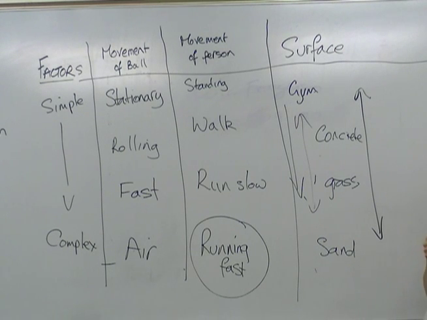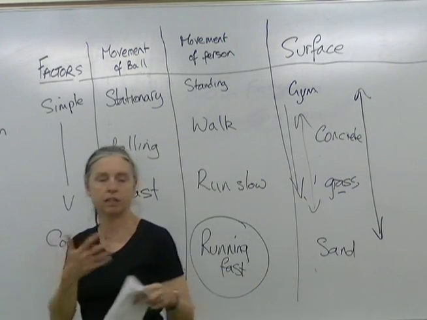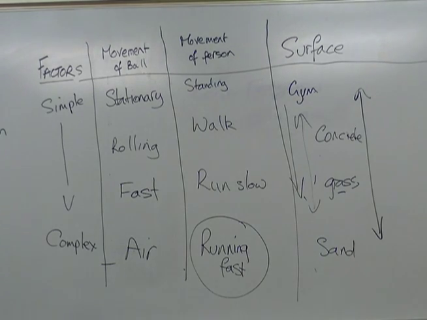Depends on the type of grass as well. Like our game field's not very good. It's got bobbles and all that on it. So long grass is harder than short grass, right? So does that give you the idea? This is up to you. This is not something you hand in. It's not something you do anything with. It's a tool that you create to help you set up developmentally appropriate practice for kicking.